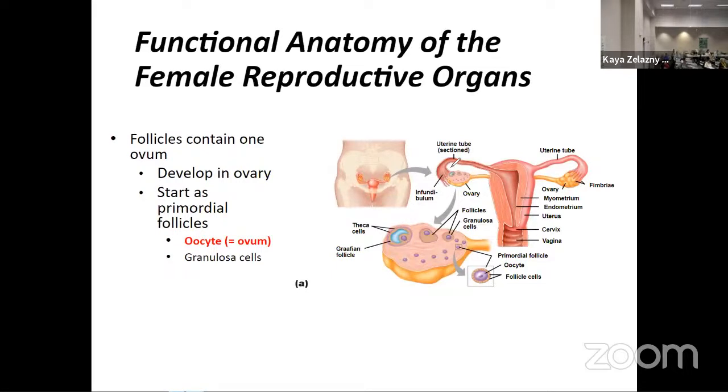Okay, so when we're talking female reproductive system, right, we're talking about ovaries in the pelvis, hanging out, ready for the cells that they're producing and releasing to be caught by the uterine tubes or fallopian tubes. So that's the structure here, hanging around. Our cells would then travel into the uterus.